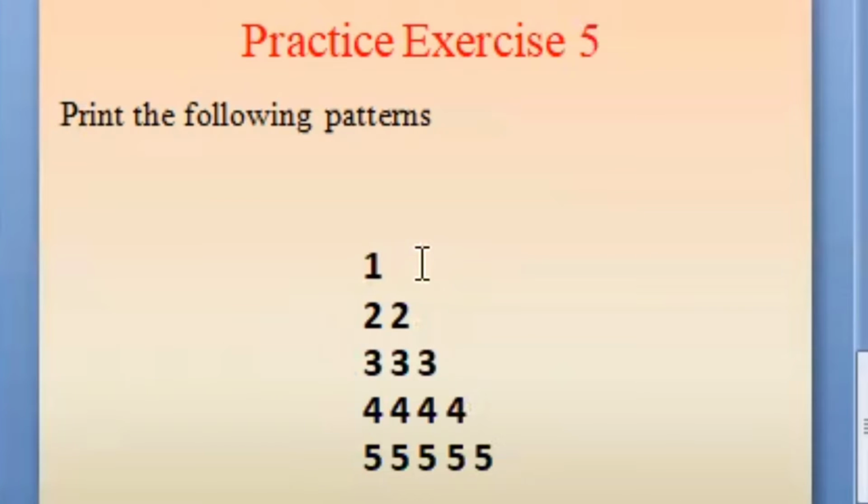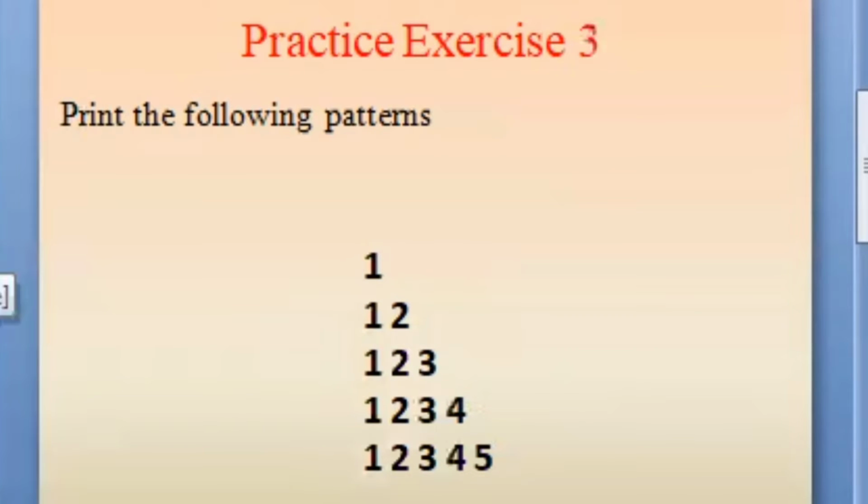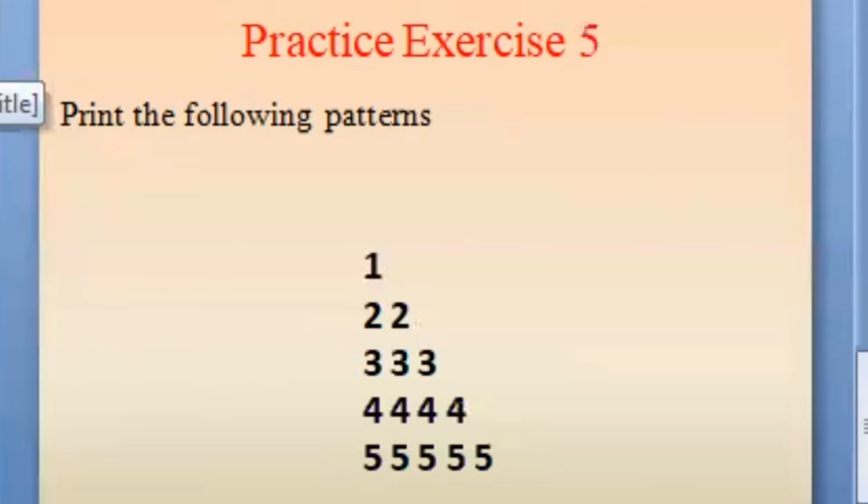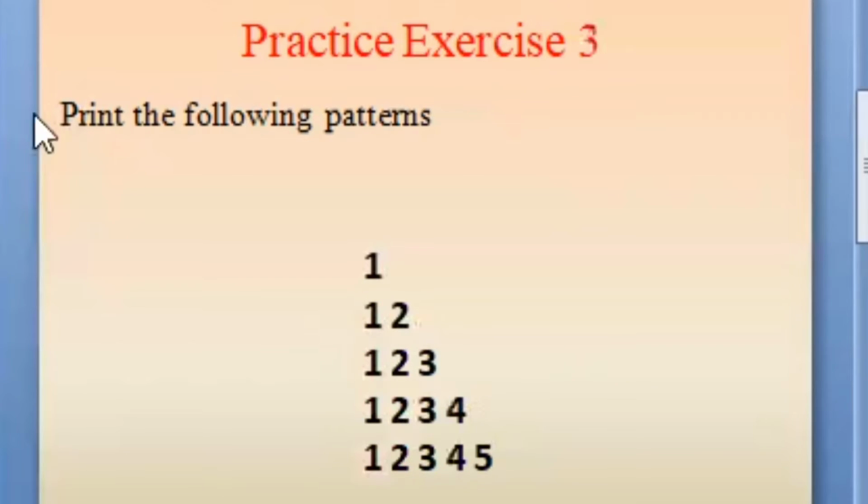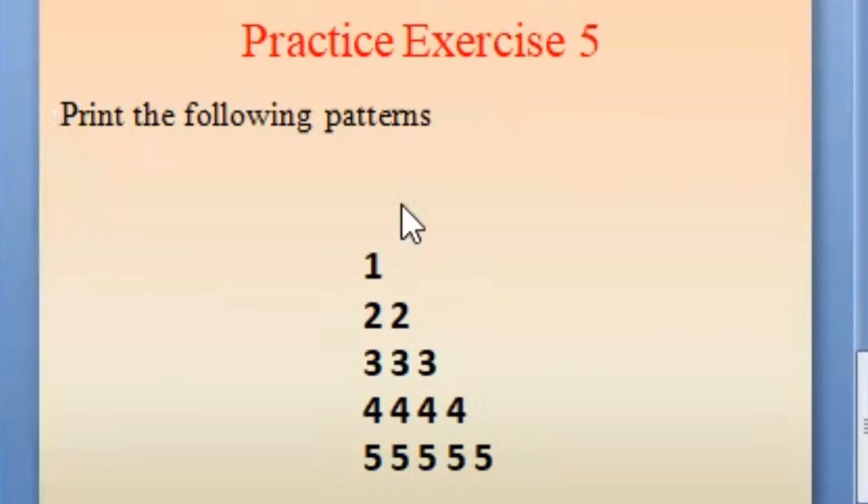So now in this and this is same. Nothing is different. This code and this code. In this code, only the value of i is printing and the number of times depends upon j.